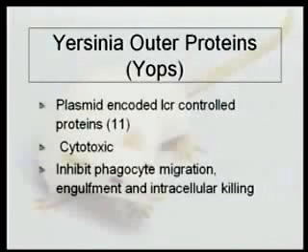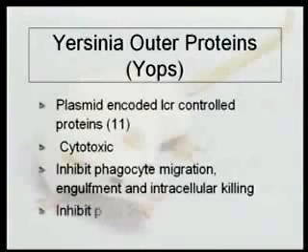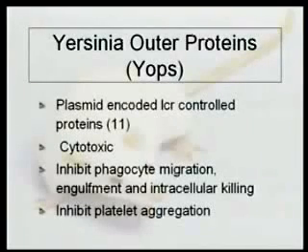So there are a lot of ways that the organisms can escape host defense mechanisms, the non-specific immune system that is responsible for early protection. Inhibits platelet aggregation, and therefore you saw the hemorrhage around the buboes.